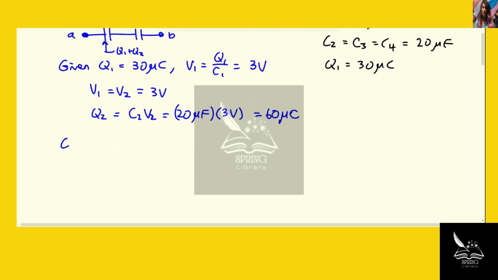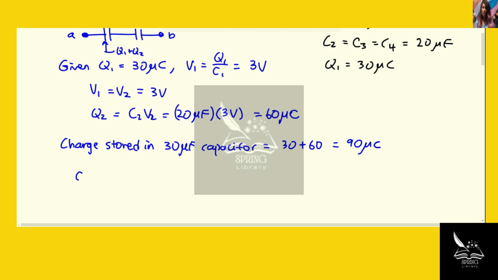The charge stored in the 30 microfarad capacitor is equal to 30 plus 60 equals 90 microcoulomb of charge. And for capacitors in series, the charges are the same. The Q in the 30 microfarad capacitor is equal to the Q in the 40 microfarad capacitor.